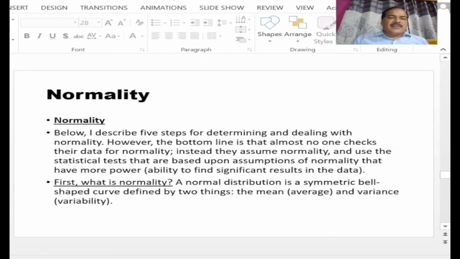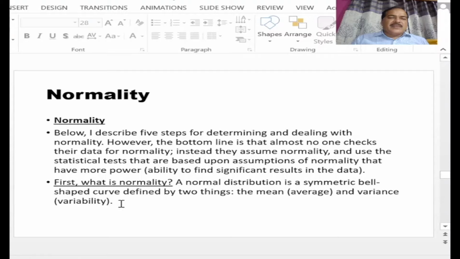different analyses. Another part which is very important in the statistical analysis of data is the issue of normality. Normality is basically about the distribution of the data.